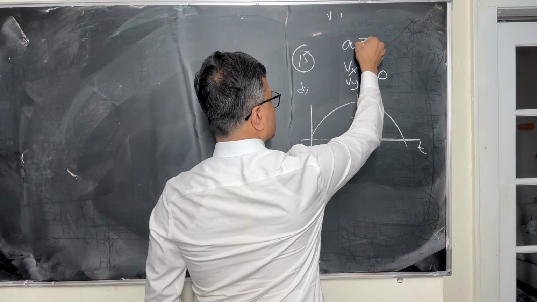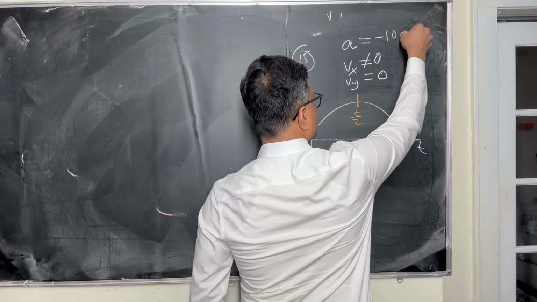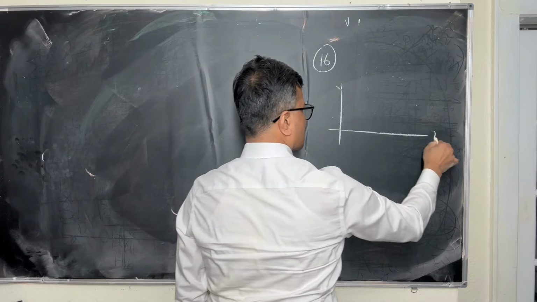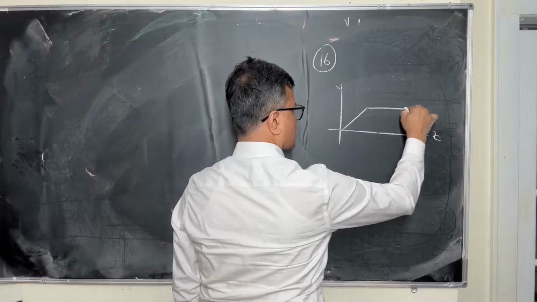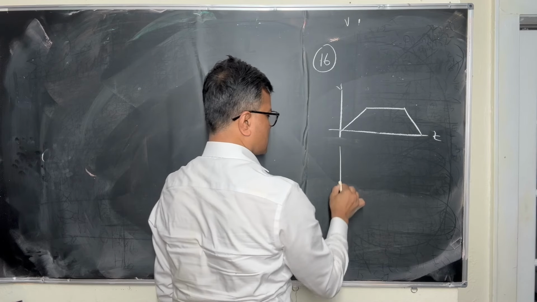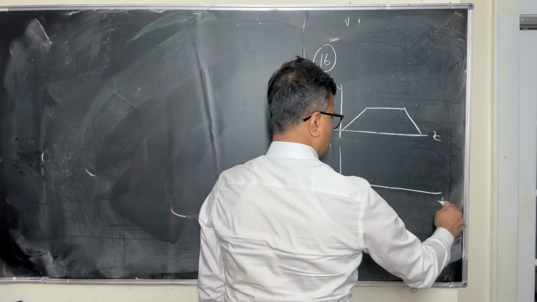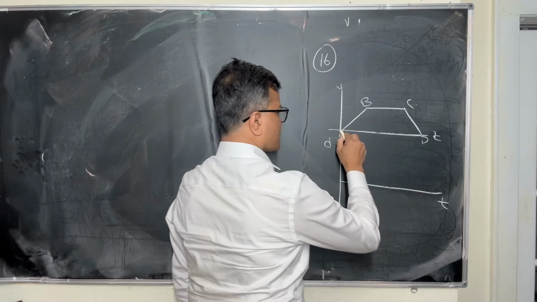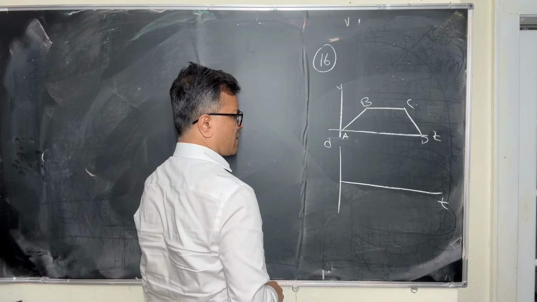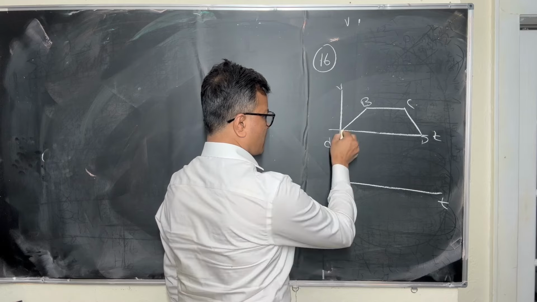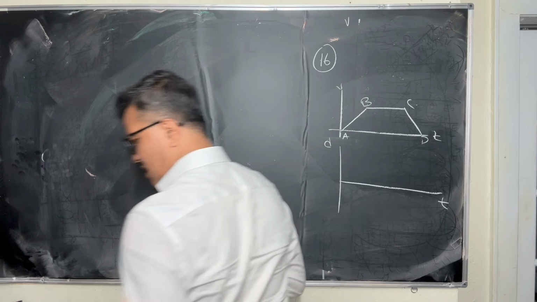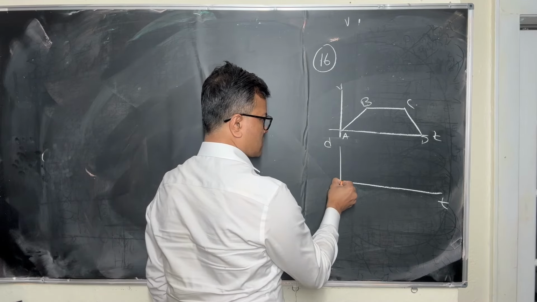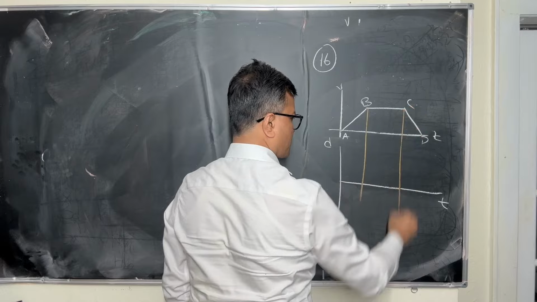Acceleration is -10 meters per second squared. So I give you a vt graph like this, and then I ask you to convert it to a dt graph. From location A to B to C to D, A to B is a positive diagonal line. If it is a positive diagonal line, then it has to be a positive curve. So let's do it this way.